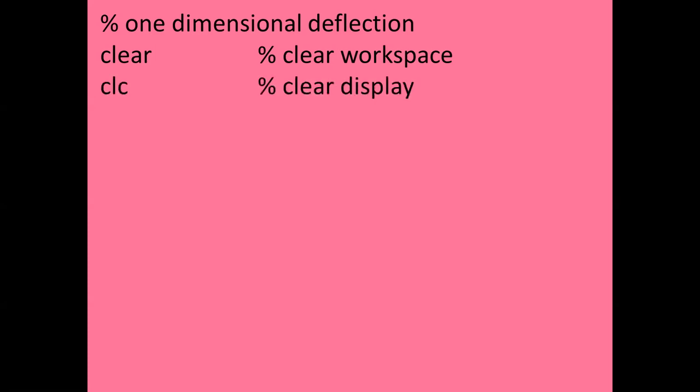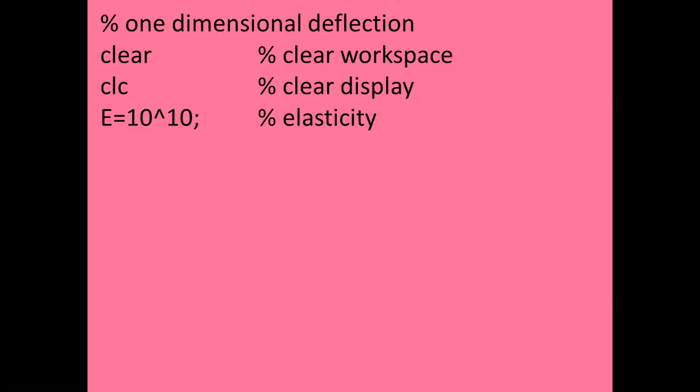The first line which I write in the program is a clear command, which is going to wipe off the workspace which might contain any variable from the previous session of Matlab. The clear command is going to clear the workspace of all the variables. The next command, clc, is going to clear the display itself.